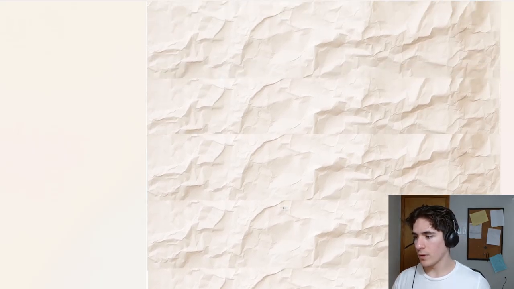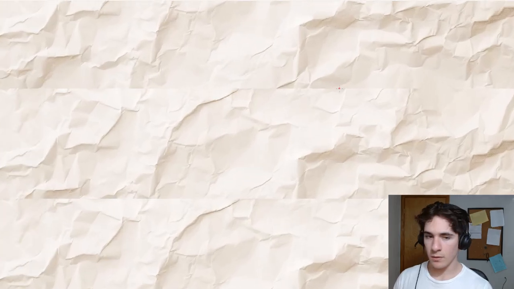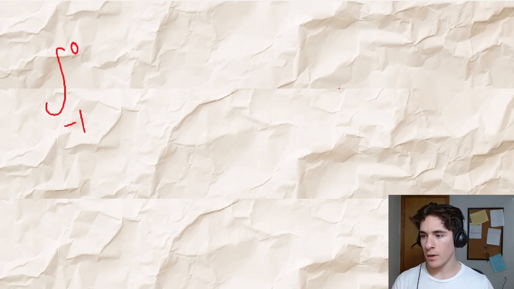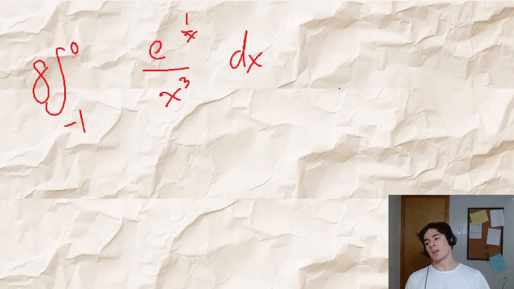Okay, so we have the integral from 0 to -1 of e to the power of 1 over x cubed dx. At first, this is like, whoa, what the hell?